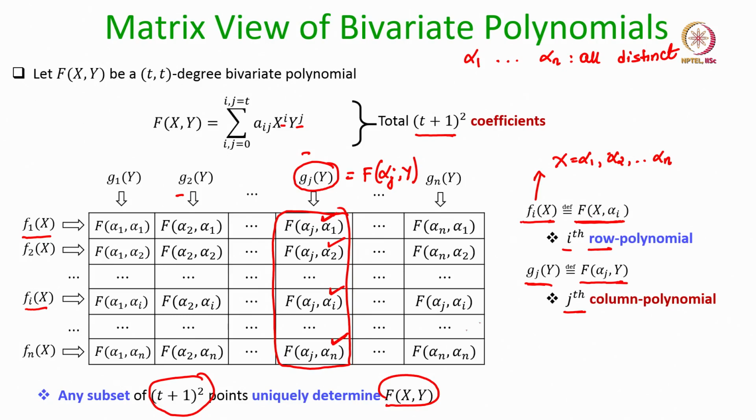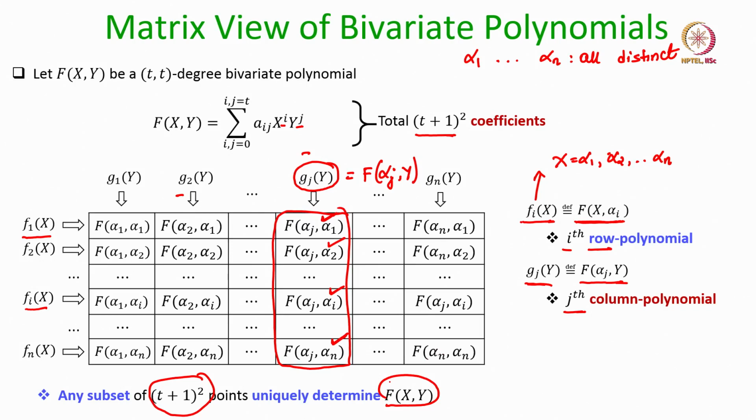You can apply the Lagrange interpolation formula, or you can solve a system of linear equations, because that unknown univariate polynomial will have t plus 1 coefficients, and the t plus 1 points give you t plus 1 equations in t plus 1 variables, using which you can solve.